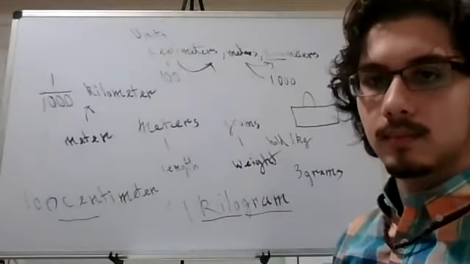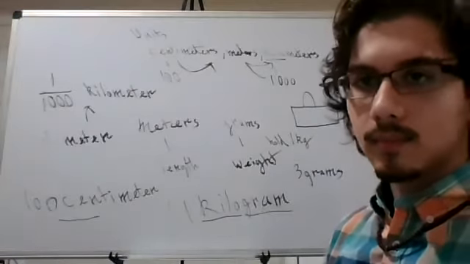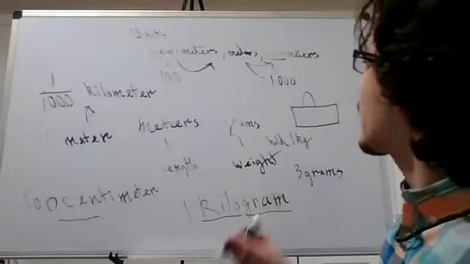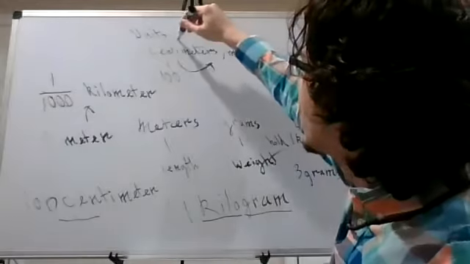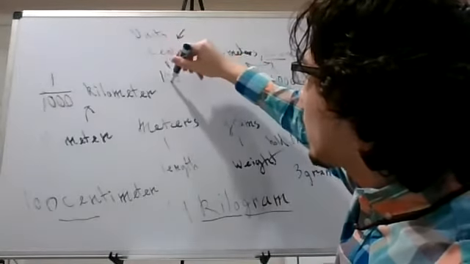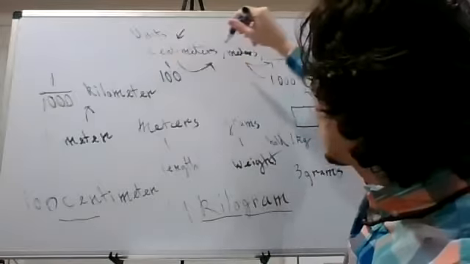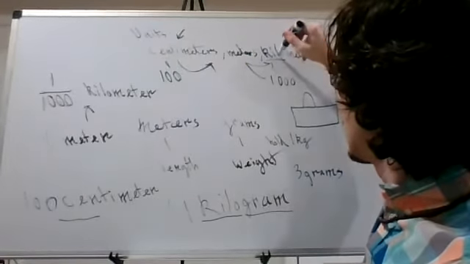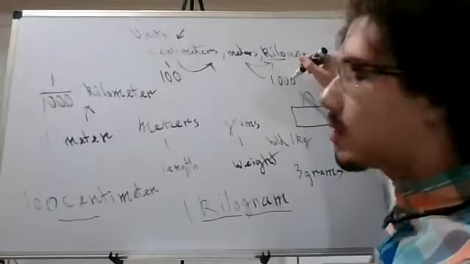Could it be 10 or 1,000? There you go, it's 1,000 because as we cited up here, we have our prefix centi meaning 100, and we have a prefix of kilo meaning 1,000.